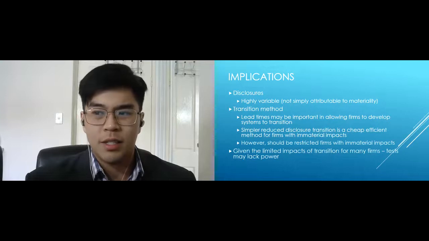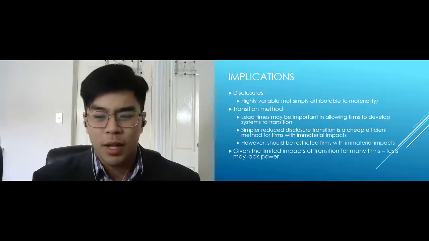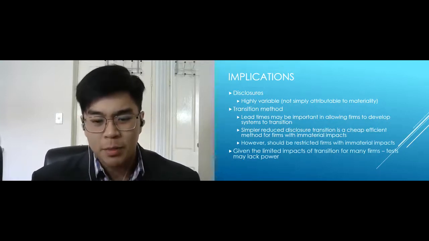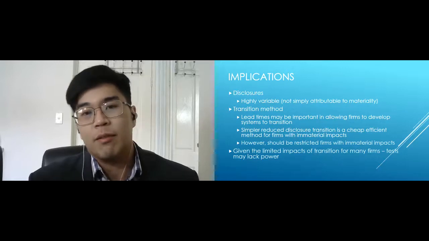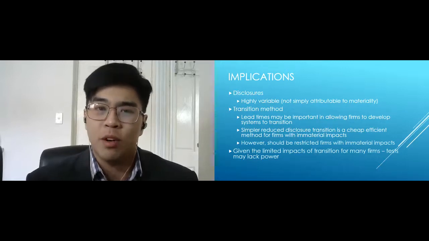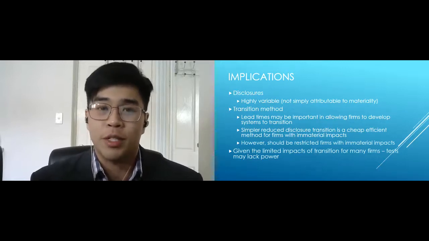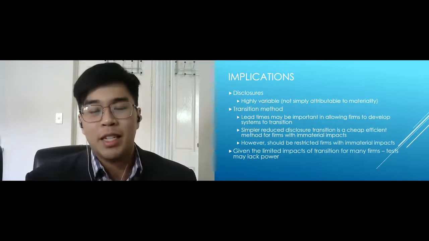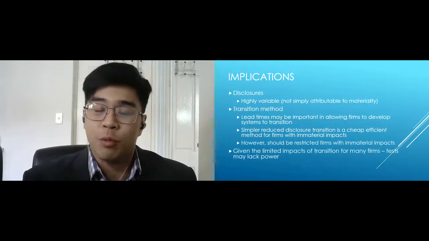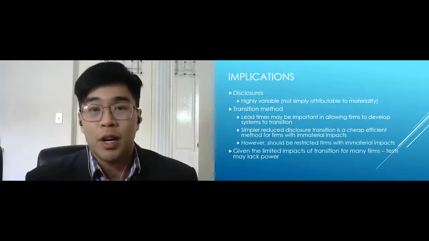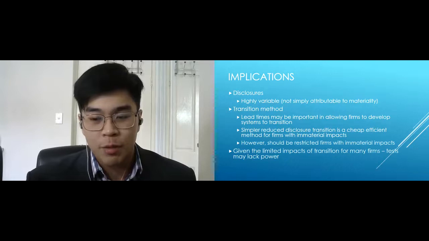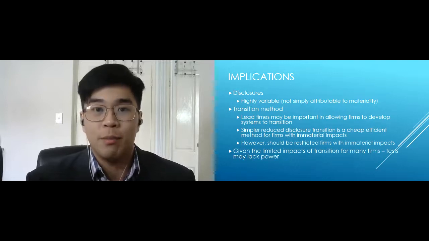And I'm sure the standard setters would have intended for firms with limited or immaterial impacts to use the reduced disclosure method. But in this case, you had both ends, where firms, as I mentioned before, would use the retrospective method regardless, and firms with material impacts would use the reduced disclosure method.